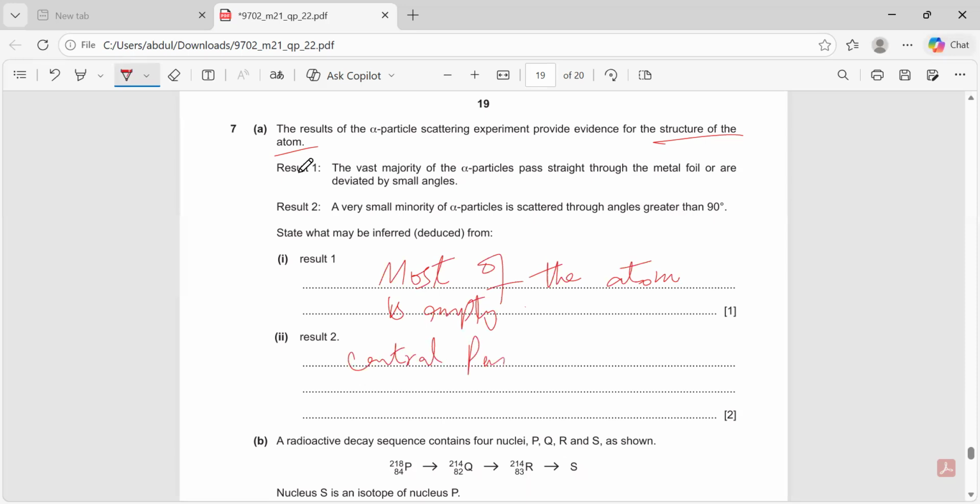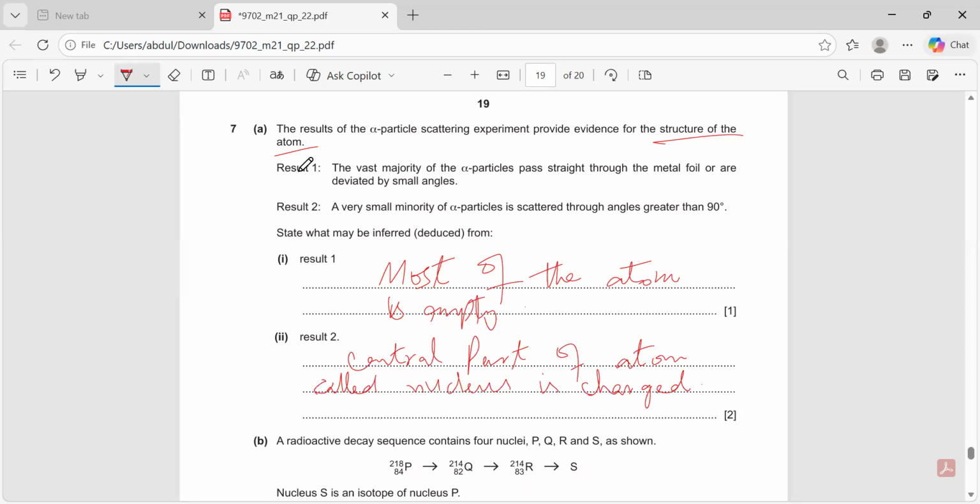The central part of the atom is called the nucleus. That is what the nucleus is, charged. This is one thing.